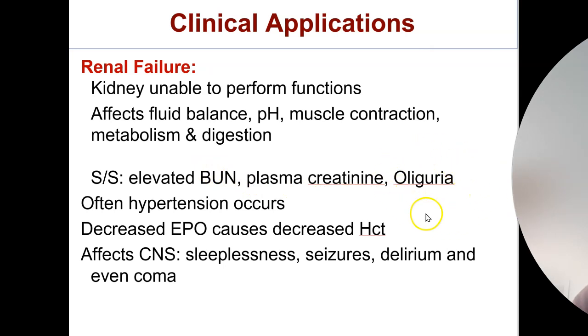So the oliguria is as the kidneys are slowly failing and not working as well. All that water goes back in your blood, you get hypertension, and the kidneys make EPO, so now you're not making EPO, so your hematocrit falls. As you increase all those wastes in your blood, it affects your brain. So a lot of times it can make the person really sleepy. They could have seizures or even go into a coma from renal failure.